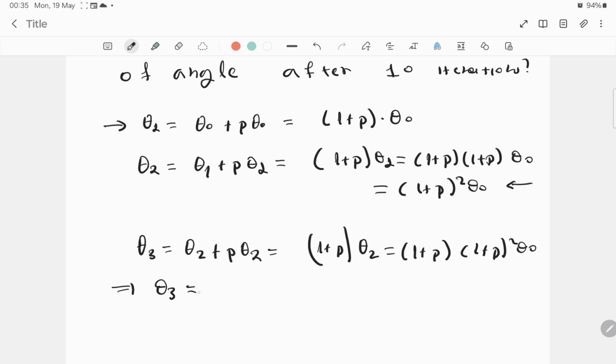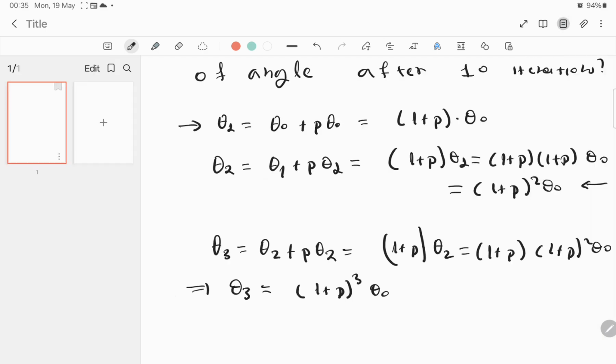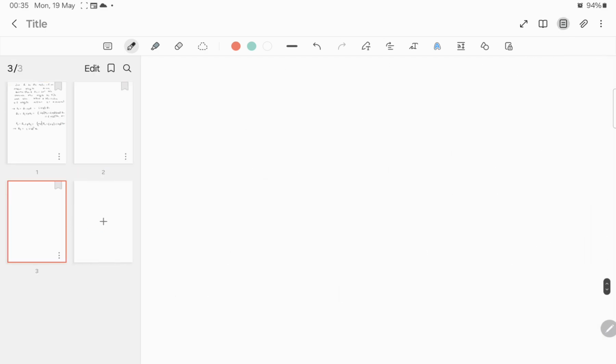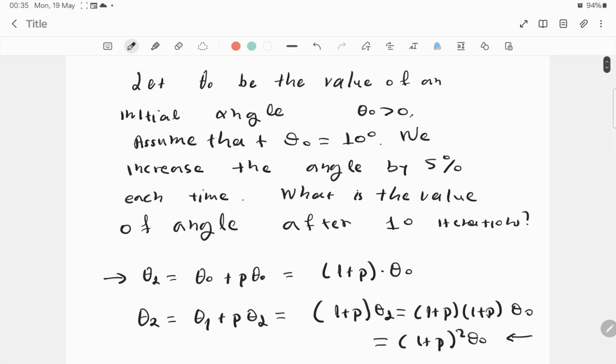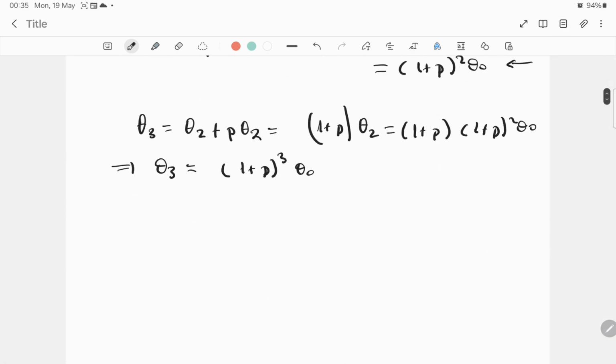So my theta 3 is 1 plus p to the third power times theta 0. By induction, theta n is going to be 1 plus p to the power of n times theta 0, where n is the number of iterations.